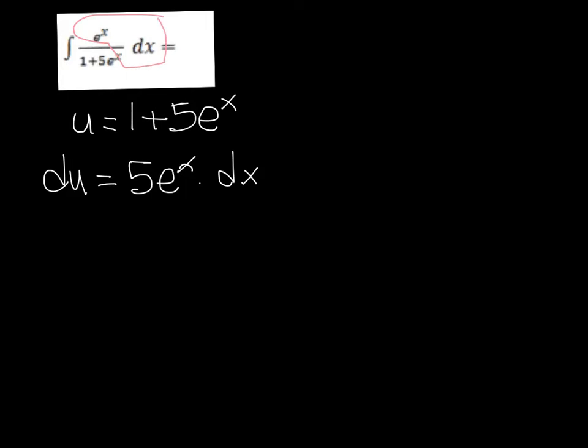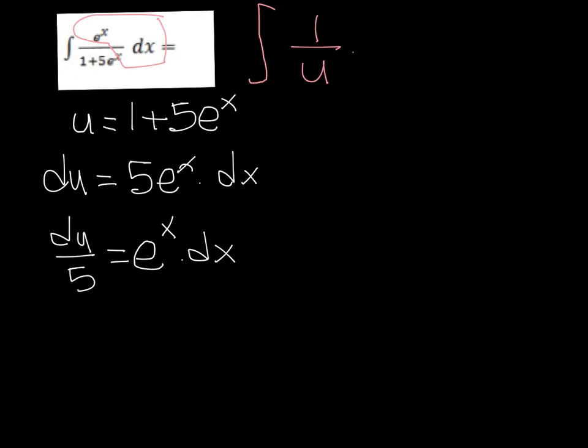What is missing is dividing du over 5, or both sides over 5. So I have as a factor e to the x times dx. So let's substitute, or change the variable of integration. That will be 1 over u times du over 5.